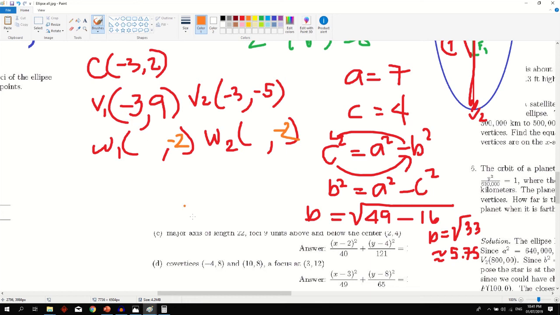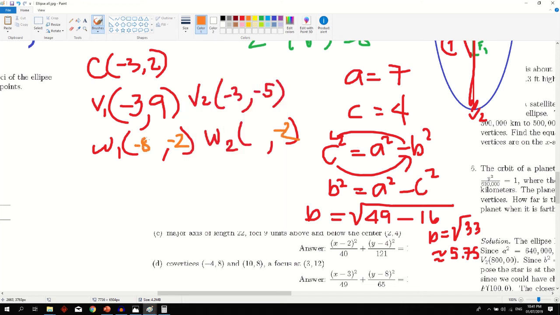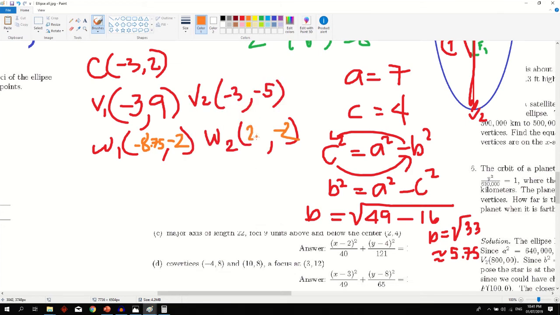So negative 3 minus 5.75 is equal to negative 8.75. Then we will also add negative 3 plus 5.75, which is equal to 2.75.